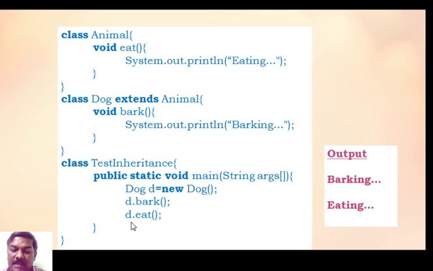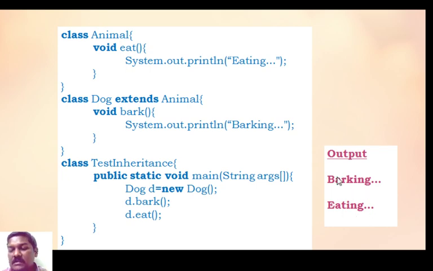Then again I am calling one more method by using the object called D. So D dot eat means it will call the base class method, and then it will print the statement called eating. So you will get the output of barking and eating.